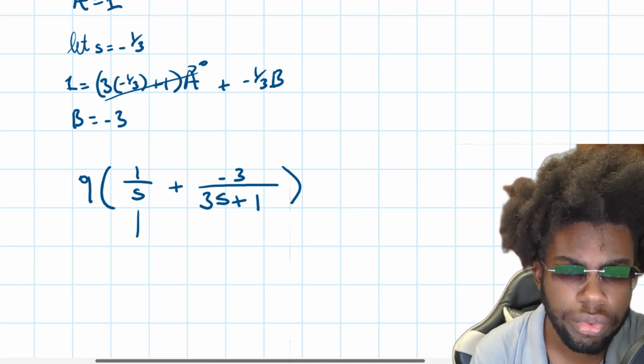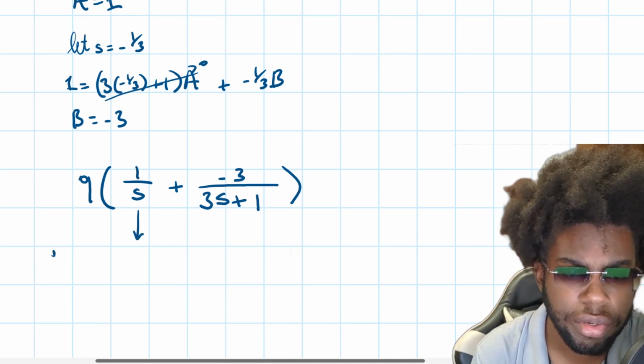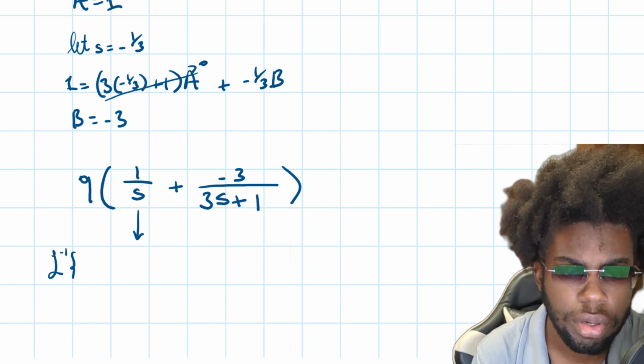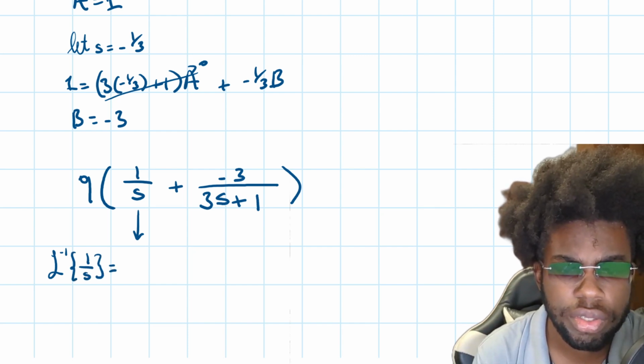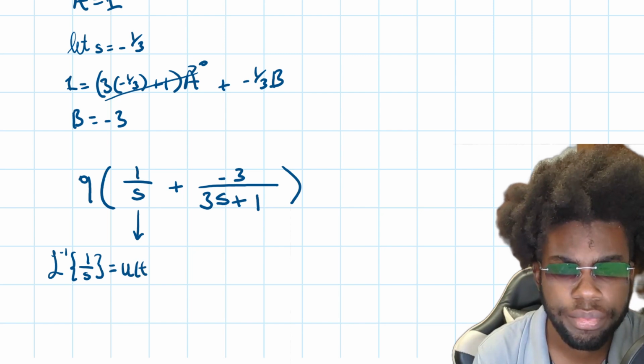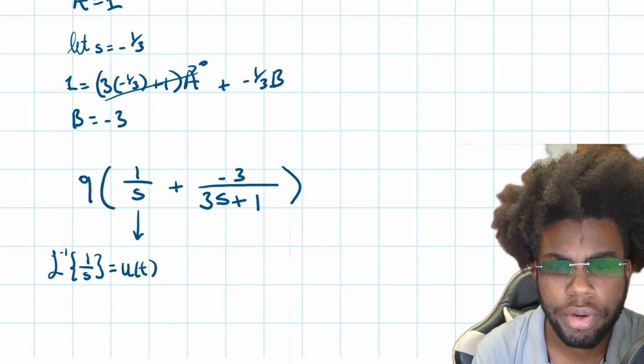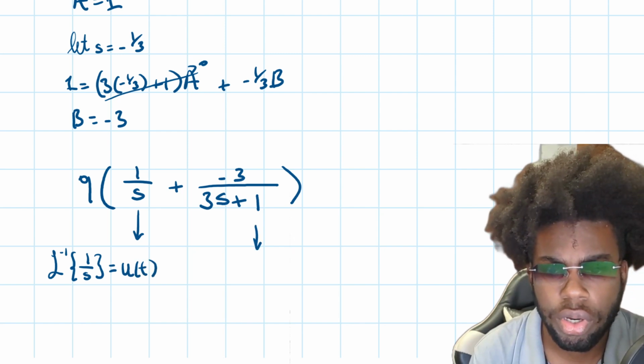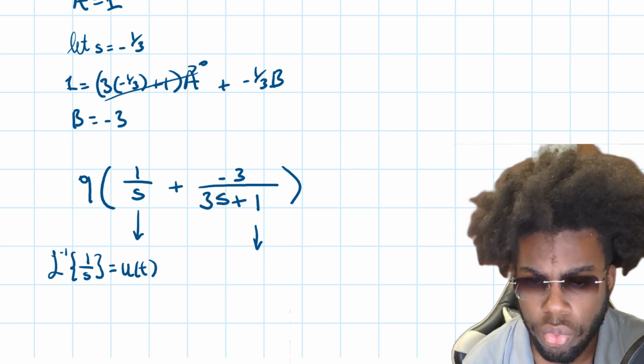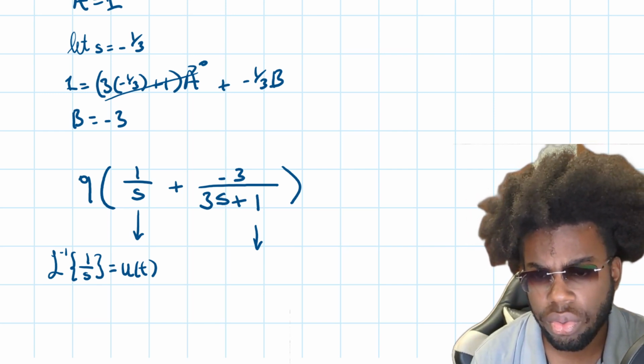So let's start on this side. Of course, we know that the Laplace inverse of 1 over s is just going to equal u of t. So we have that part done. Now on to this part. What does this look like?